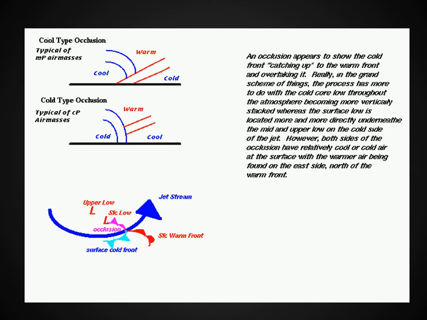Alright, another picture just showing you a couple types of occlusions. Kind of read up on them a little bit. It just shows a cold front overtaking and catching up a warm front.